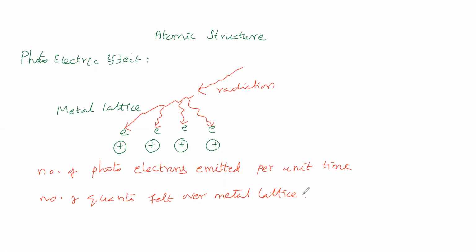If a quantum is striking the free electron, then the free electron absorbs that quantum and comes out, isn't it? The coming out electron is called a photoelectron.